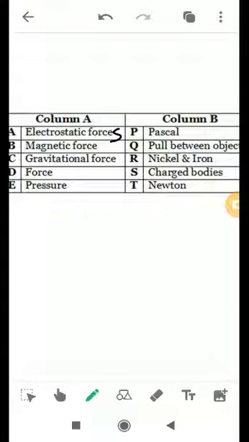Magnetic force attracts nickel and iron objects towards itself, so that will be R. Gravitational force is a pull between objects. So the answer is Q. Okay. The unit of force is Newton. The answer is T. And the unit of pressure is Pascal. The answer is P.